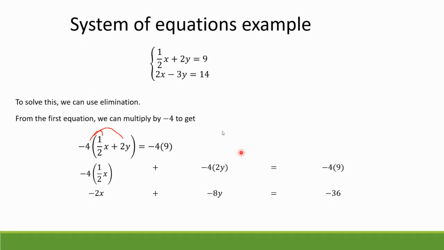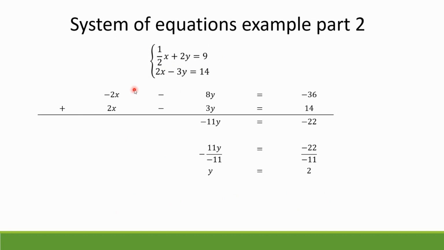Now, that's basically, in a sense, replacing this equation. Actually, no, I shouldn't say that. I'm sorry, I misspoke, I apologize. So we have this equation. Now we're going to add this to the second equation. When you add it to the second equation, these x's are gone.